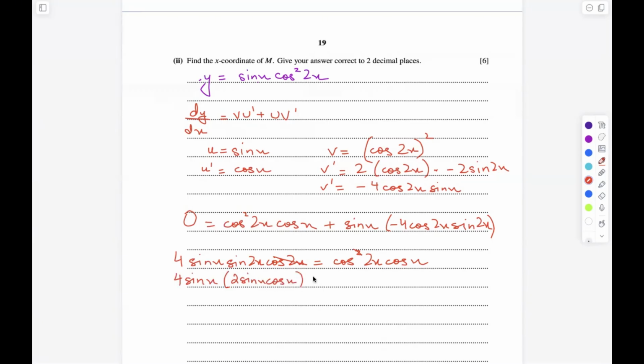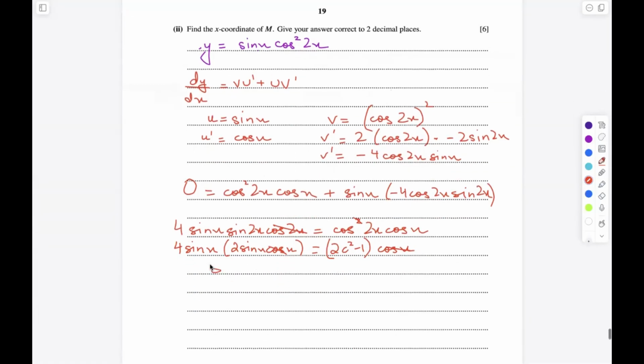And as we have to solve the equation, we can bring our equation in terms of either sin x or cos x. And in place of cos 2x, we can write 2 cos squared x minus 1. So cos of x will cancel out with the cos of x on the other side. We'll be left with 8 sine squared of x is equal to 2 cos squared x minus 1.